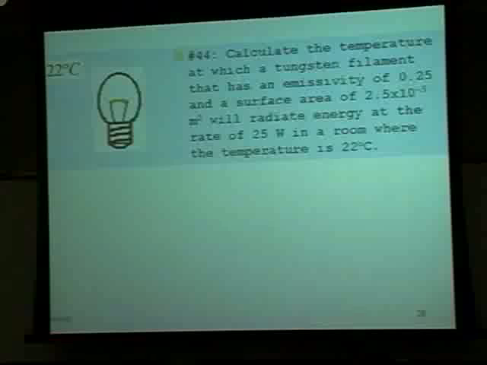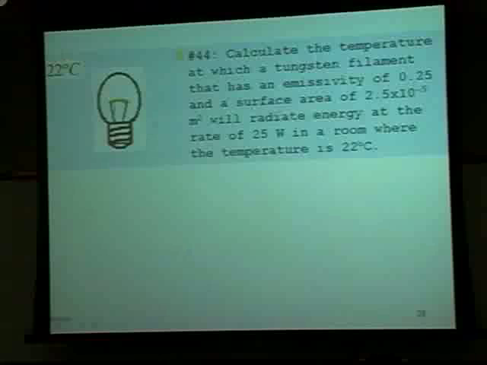Let's look at another radiation example. Calculate the temperature at which a tungsten filament with an emissivity of 0.25 and a surface area of 2.5 times 10 to the minus 5 square meters will radiate energy at the rate of 25 watts in a room where the temperature is 22 degrees Celsius.